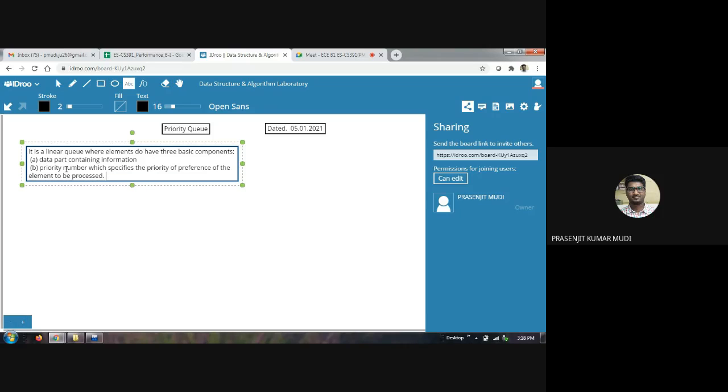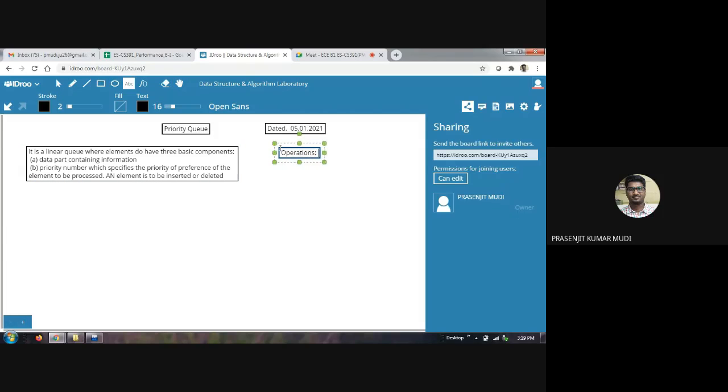Meaning an element is to be added, inserted, or deleted. What are the operations we can perform here?